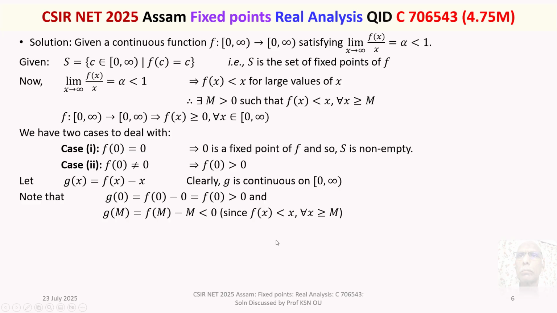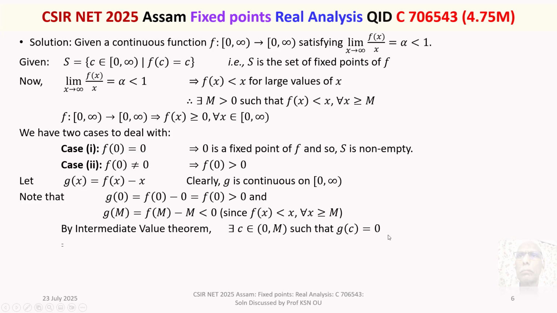Right. So what it is, for g of 0 it is positive, for g of m it is negative. Therefore, by intermediate value theorem, there exists a c belongs to the open interval 0, m such that g of c is equal to 0.